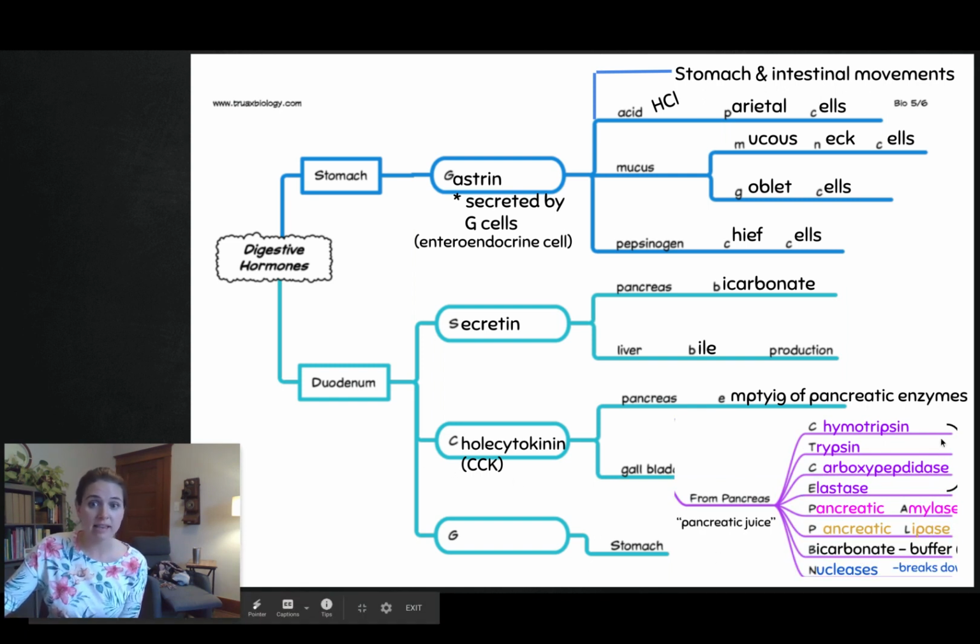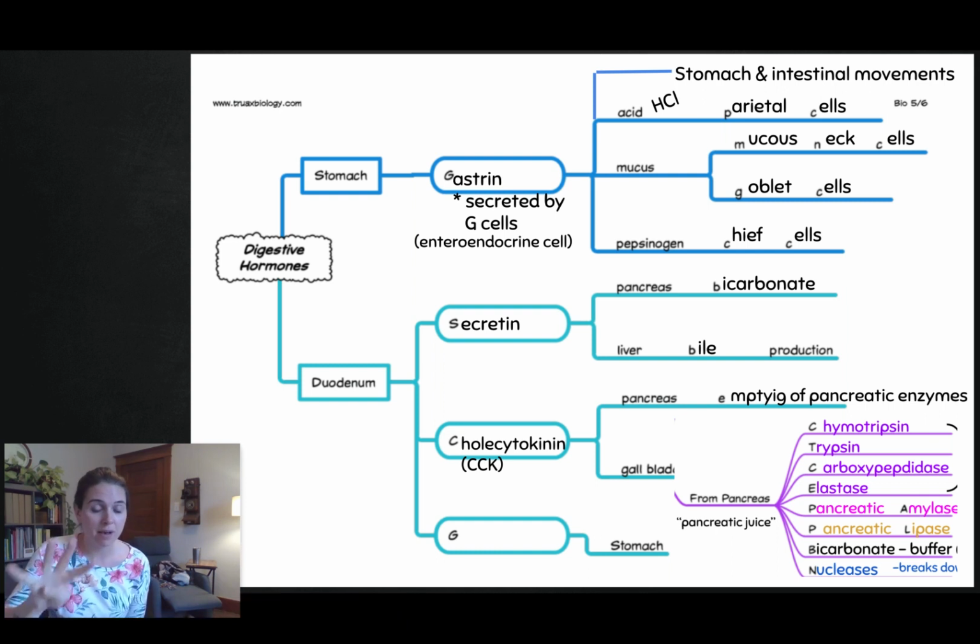So CCK stimulates this whole juice blend of all the enzymes, and it's going to digest every single type of macromolecule, right? We got purple for proteins, we got pink for carbohydrates, we got that yellow for lipids, and then even the blue for nucleic acids.